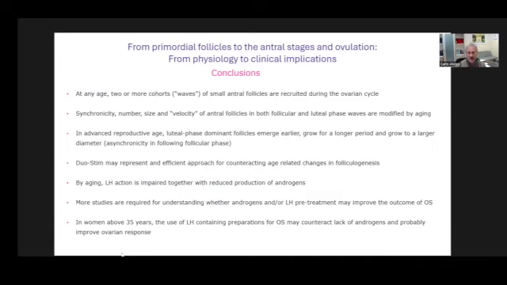So synchronization of follicles is very important. In clinical practice, DuoStim is a clear example of how knowledge of physiology can represent an advantage, because once we understood the phenomenon of follicular waves, we understood that we can stimulate the ovary at any given stage of the menstrual cycle, having the same quality in terms of oocytes, embryos, and blastocysts.